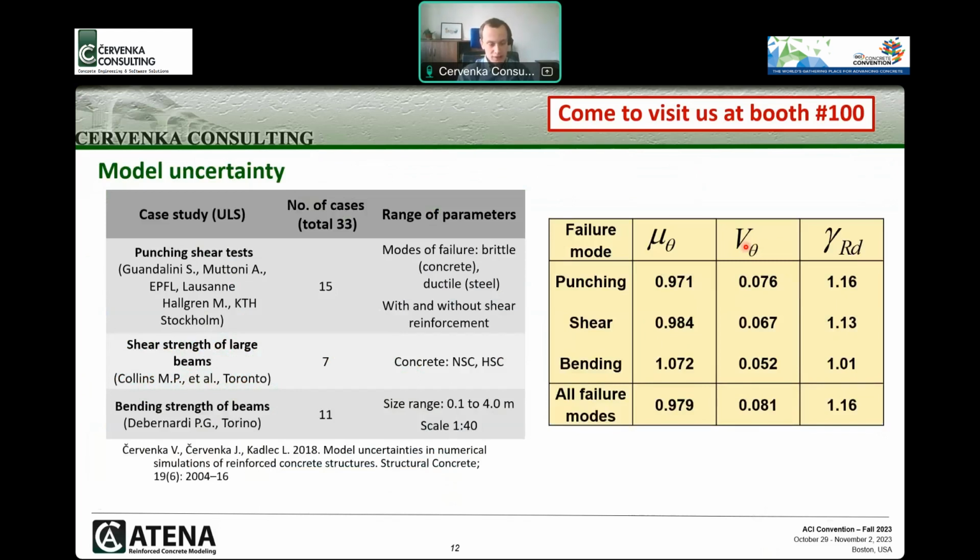Of course, as I mentioned, the match with the experimental results is not always perfect. There is always some uncertainty.